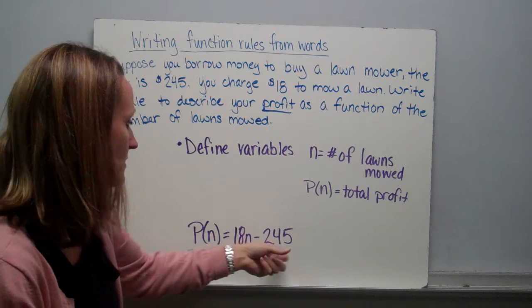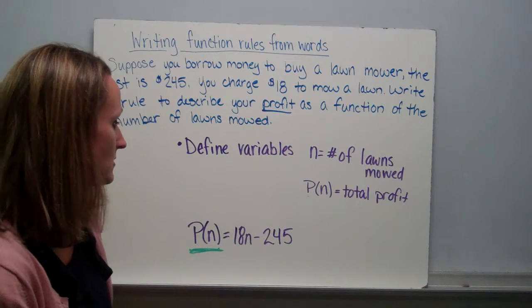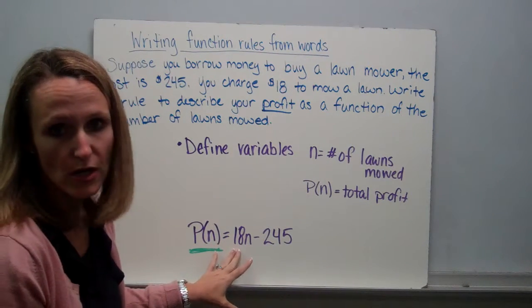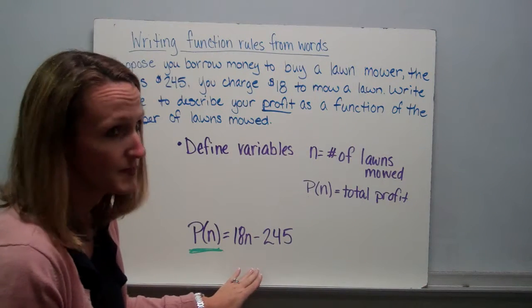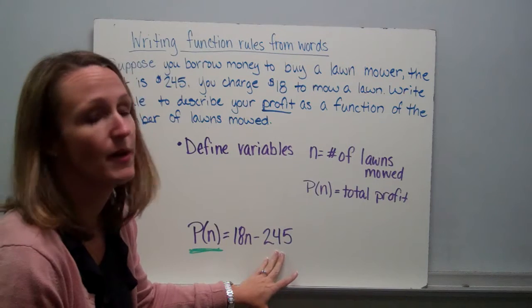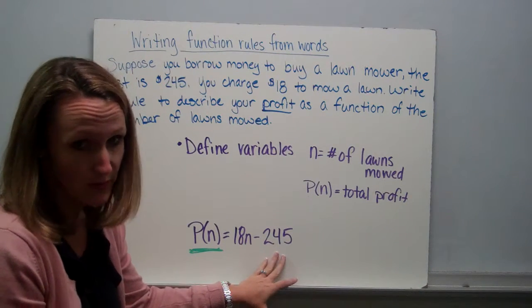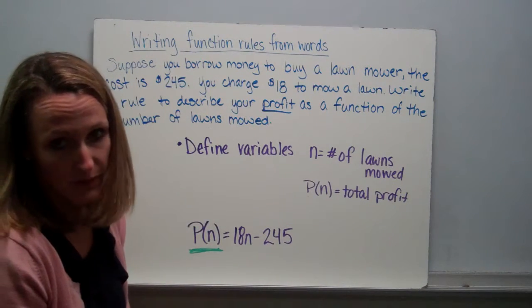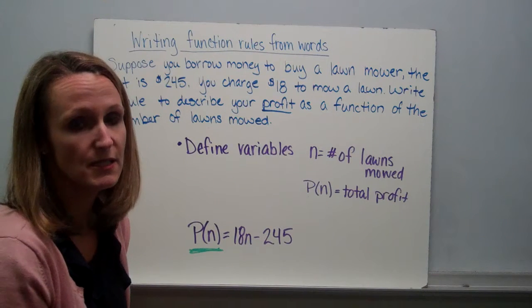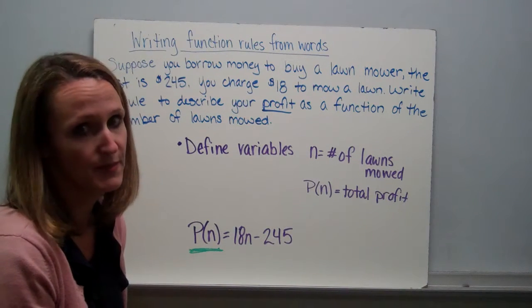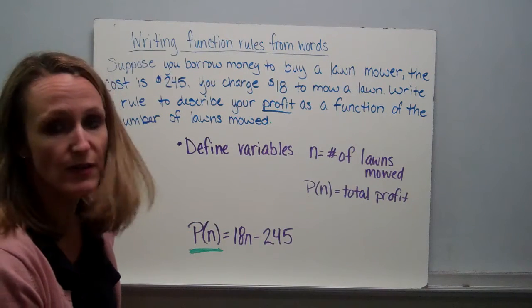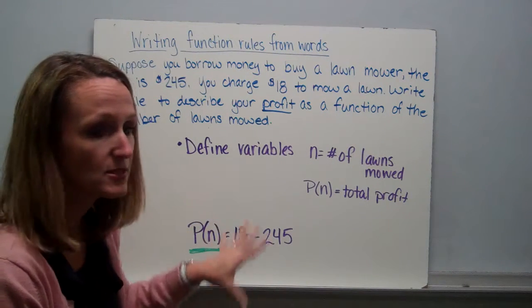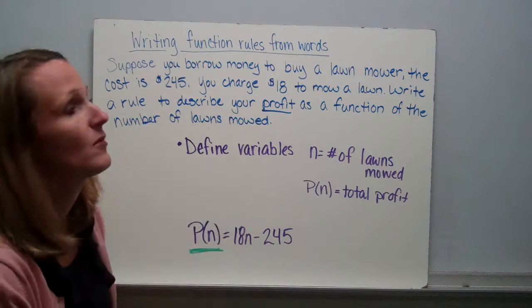So that's why this became our equation, because you need to do the amount you charge times however many lawns you mow, whether it's 1 or 50, and subtract out the amount you paid for the lawnmower, it's the cost of doing business, and that gives you your profit, because you don't get your profit until you've taken out any costs you pay in business. All right, so this is a real-world application of a function rule. We didn't have a nice little chart to go by, we had to go from words.